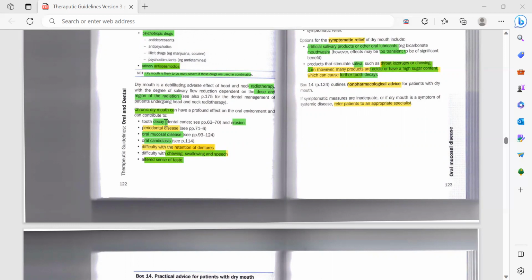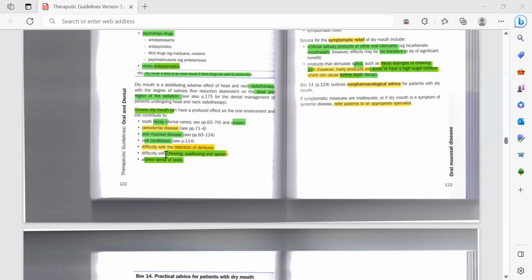Because what are the main diseases in the oral cavity? Caries. Dry mouth does affect caries, periodontal diseases, oral mucosal diseases, and oral candidiasis. It does affect the denture, which is prostho.